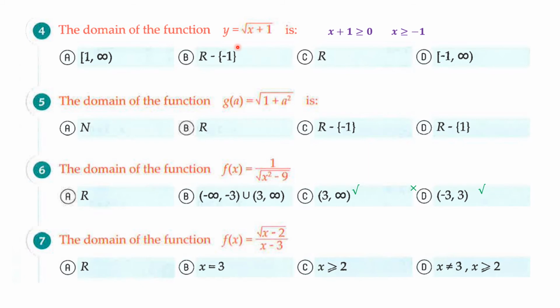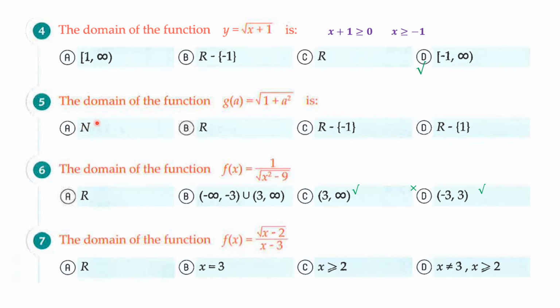I don't want it to be less than 0. Or definitely by looking at the answers, I would go for any numbers greater than or equal to negative 1. So we write negative 1 closed towards infinity, and infinity always takes an open bracket. So the answer is D.